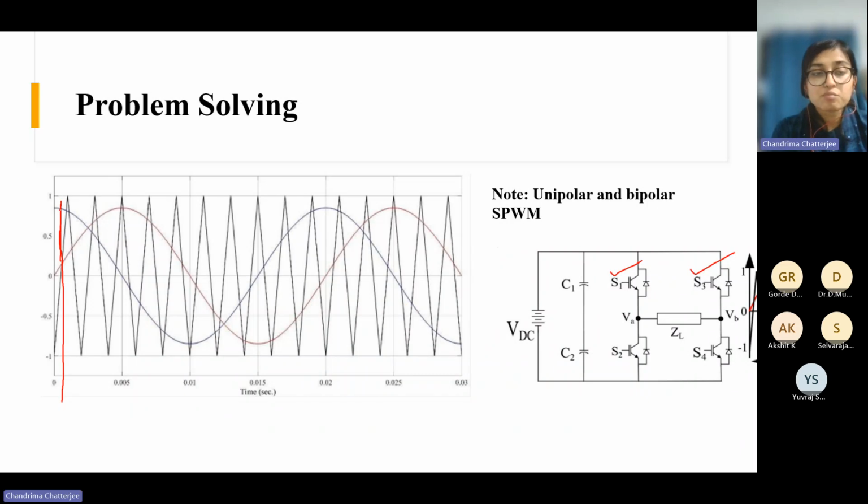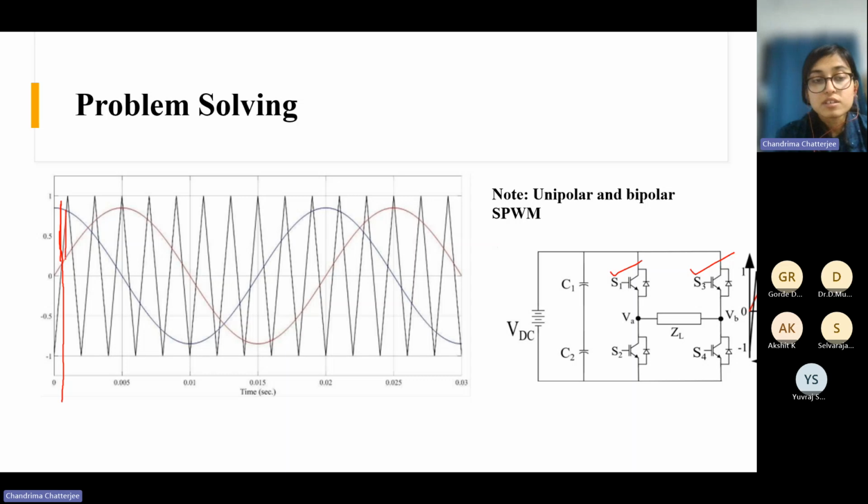Then if you see this small portion, from this point to this point, the blue one, the red one is high, but... sorry. The red one is lower than the carrier signal. I am talking about this portion.